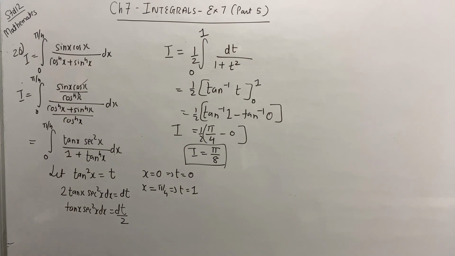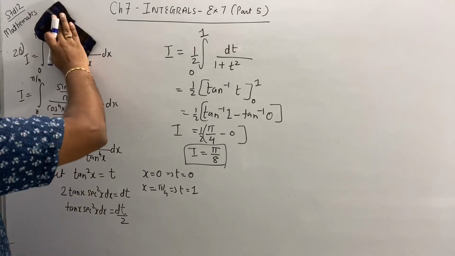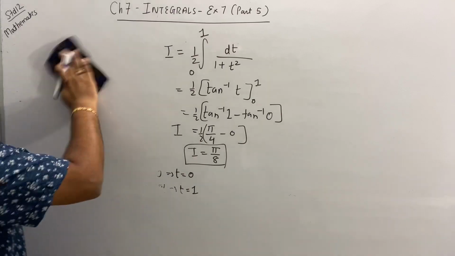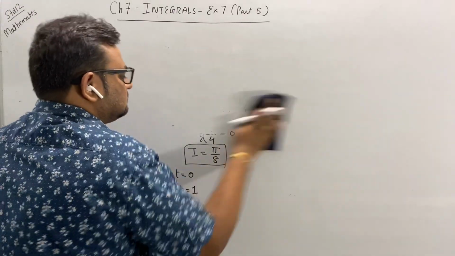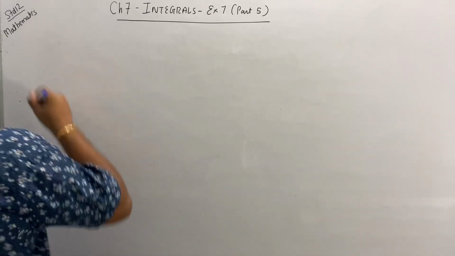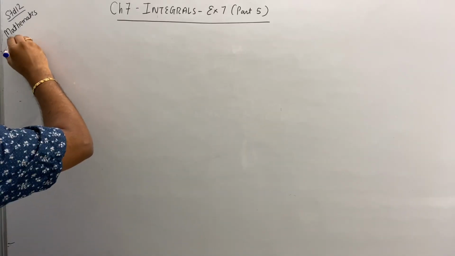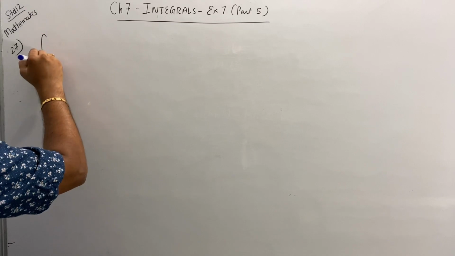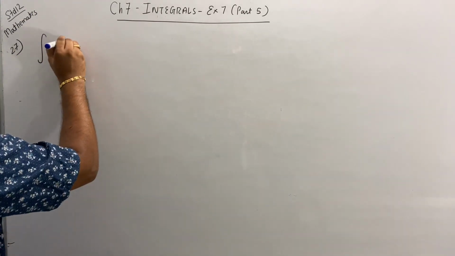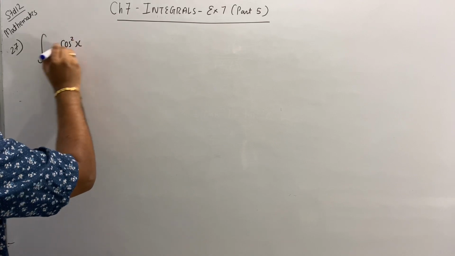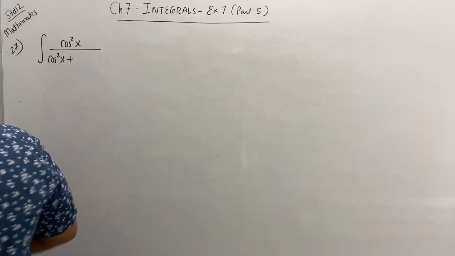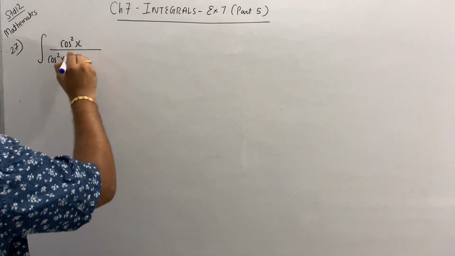Okay, let's move to the next sum. Question number 27. Question 27 is the integration of cos square x upon cos square x plus 4 sin square x.